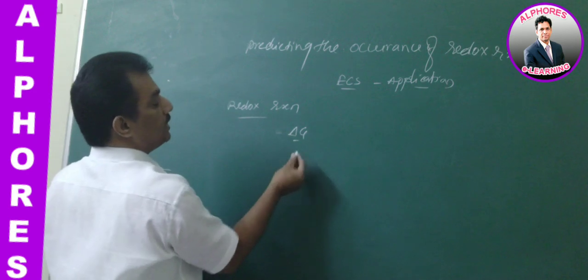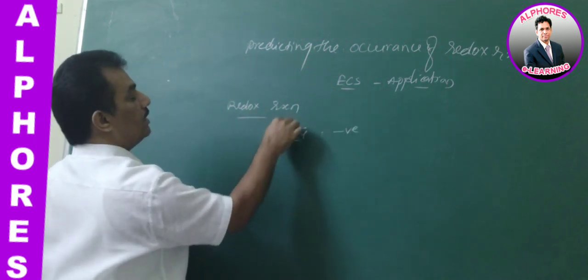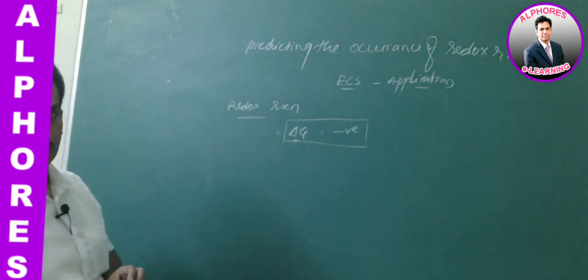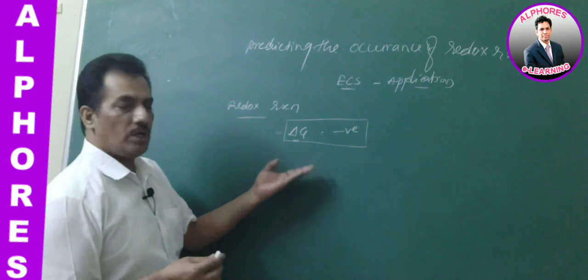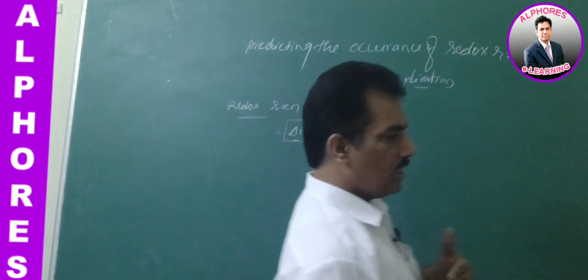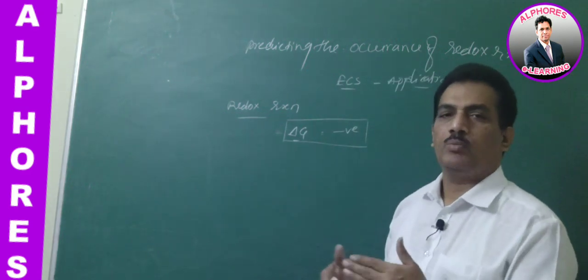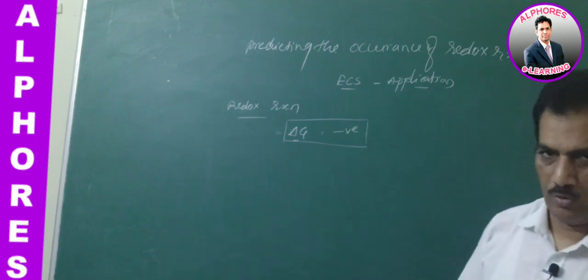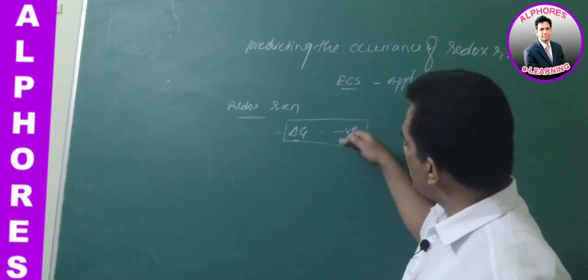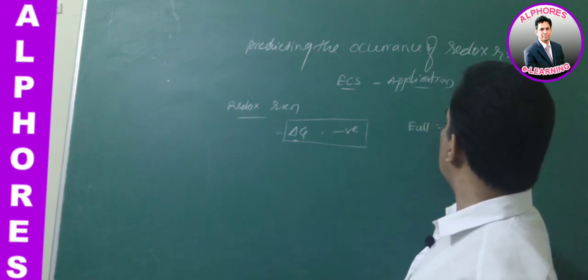When this Gibbs free energy change is negative, then the reaction will happen spontaneously. We know from thermodynamics that for all processes, even natural processes or human activities, when the delta G value is negative, that process will take place on its own. But this delta G value will be negative only when the E cell value is positive.